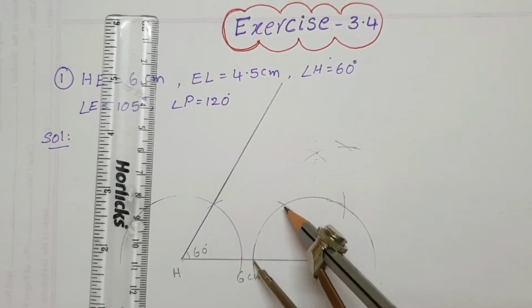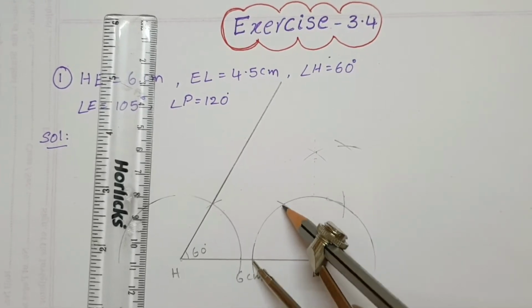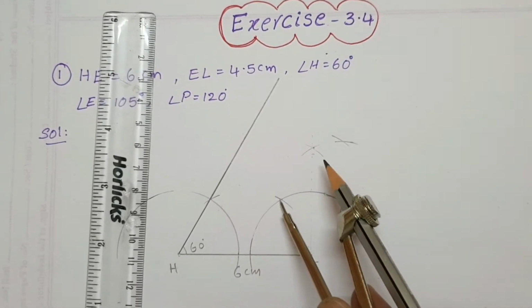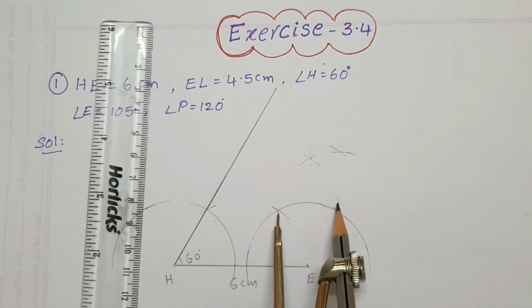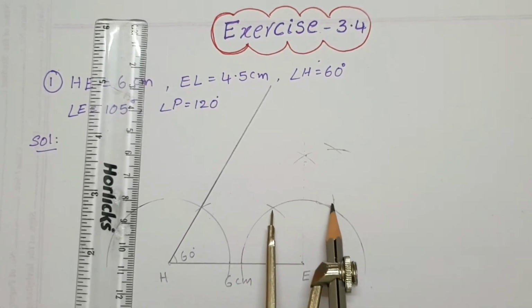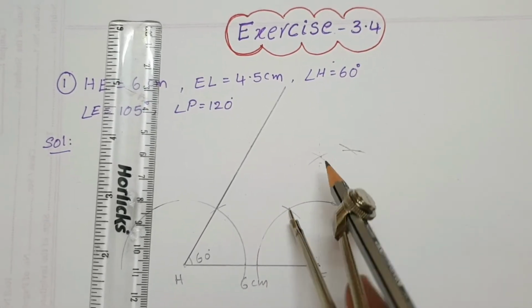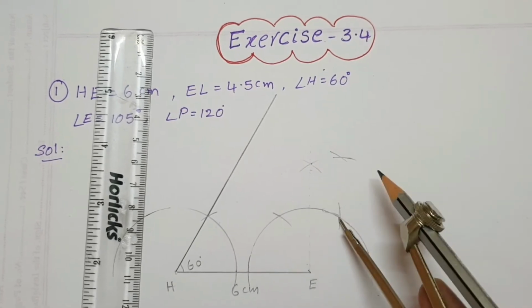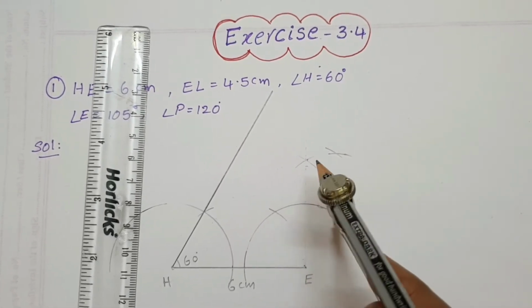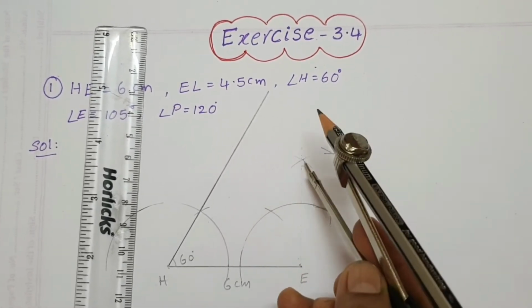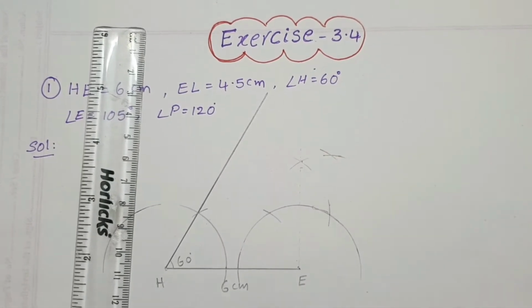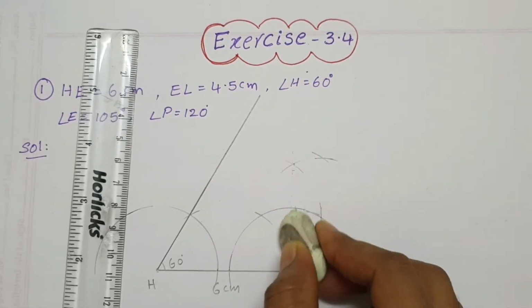Here 0 degrees to draw 60 degrees. This is 60 degrees. Here to another arc. This is 120. 60 to one arc, 120 to another arc. This is exactly 90 degrees.